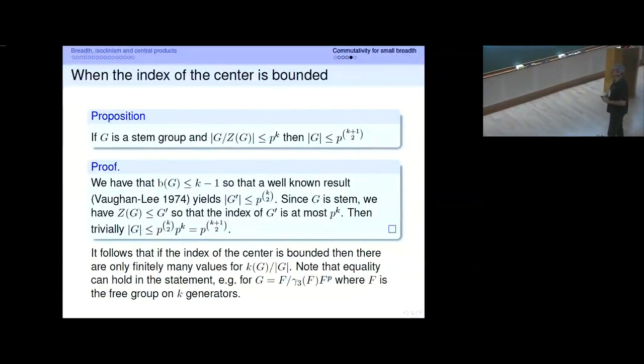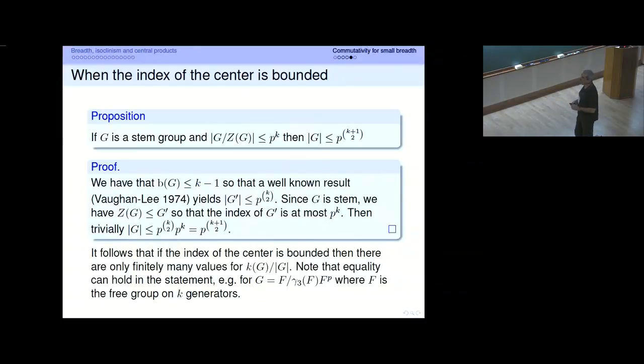I should note here that we have an easy theorem that tells us that the order of a P group that has a bounded index of the center is bounded.